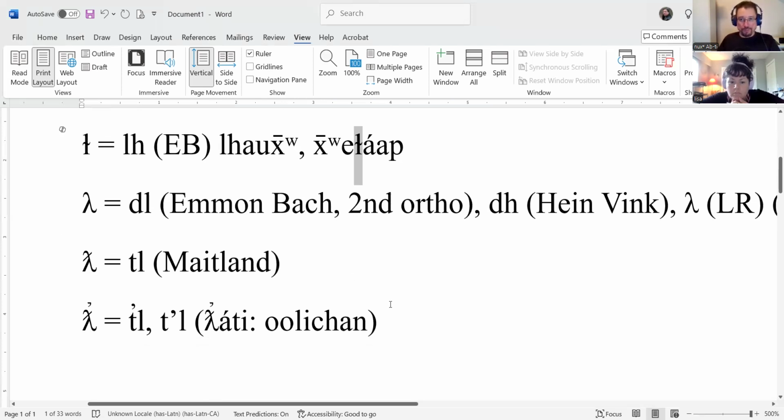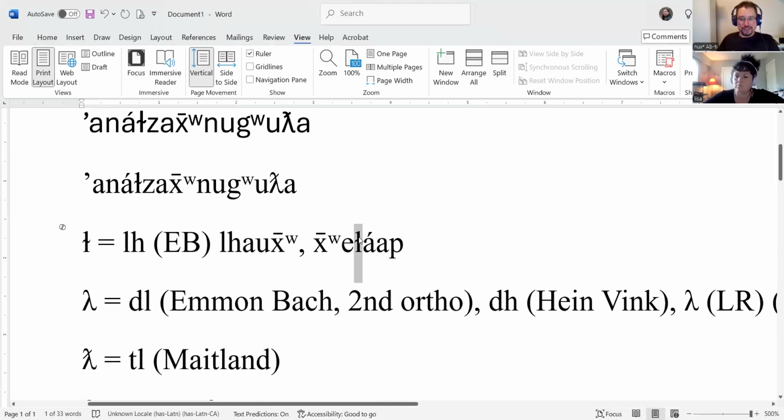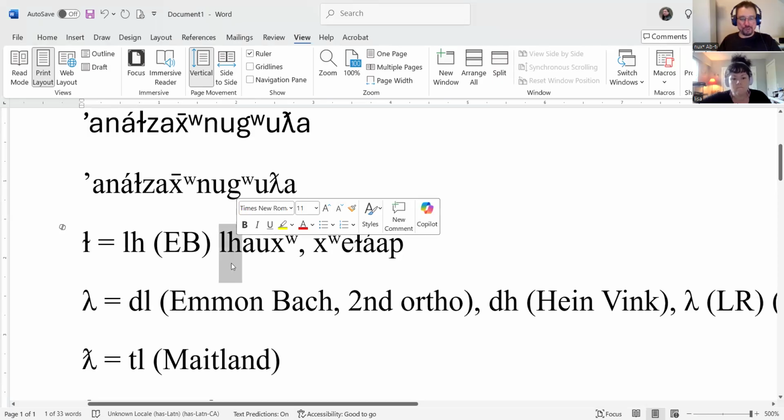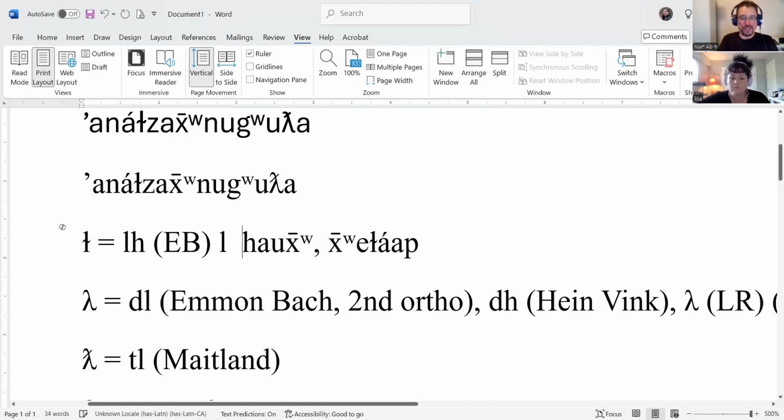I'm a really big proponent of consistency. So this single symbol representing this single sound gets consistent results, whereas two symbols representing one sound is inconsistent. For the reason that I just went over, people tend to separate them and see them as two separate sounds.